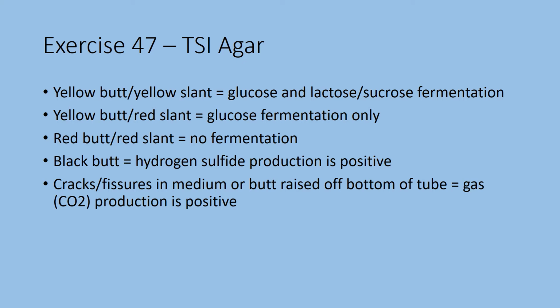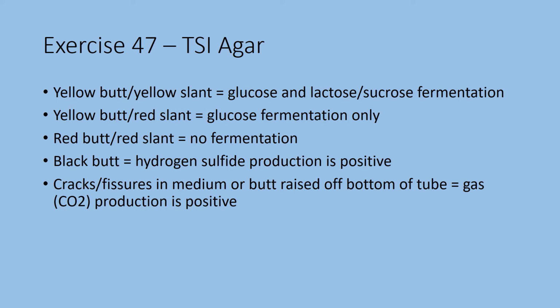It combines with the iron that's in the medium and forms this black precipitate. So you can see a black color, but the black typically is only in the butt region of the tube. If there are cracks or fissures, that's indicative that gas production did occur, so it'd be positive for gas production.